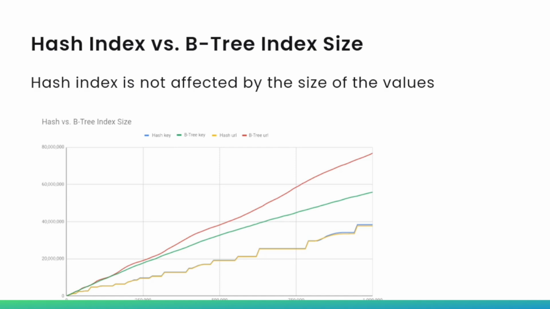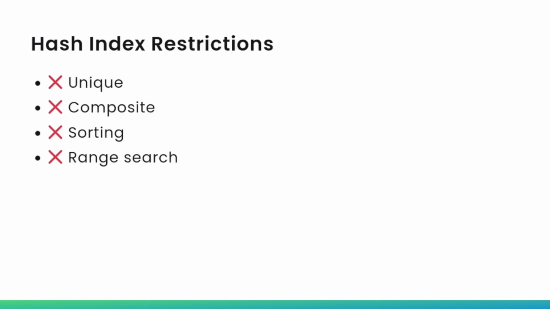So the way this hash index works comes with its own restrictions. So first of all, because a hash index doesn't contain the indexed values, you can't use a hash index to enforce a unique constraint, okay? The second restriction on hash index is that you can't have a hash index on multiple columns.